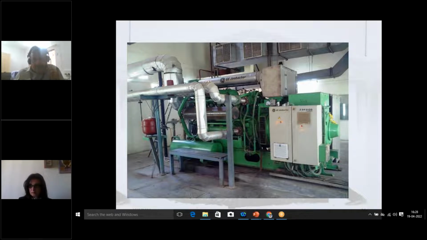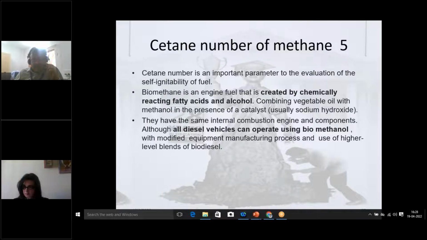the Jenbacher power plant. It is working on the methane gas, which has a cetane number of nearly 5. The cetane number is for self-ignitable fuel. Biomethane is an engine fuel that is created from fatty acids and alcohol.